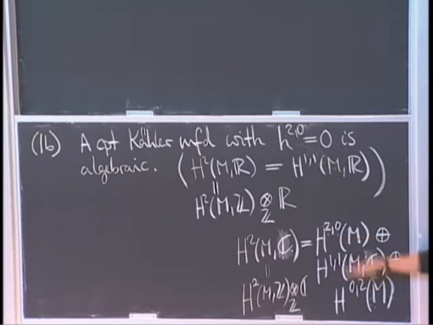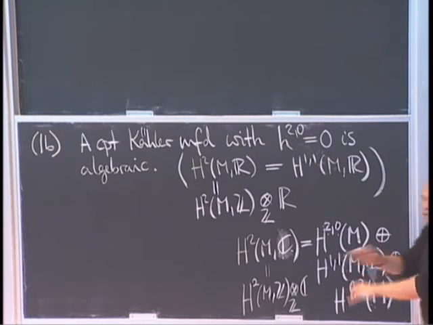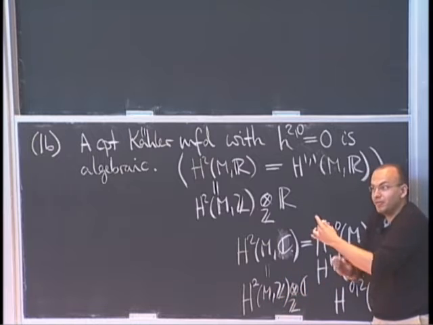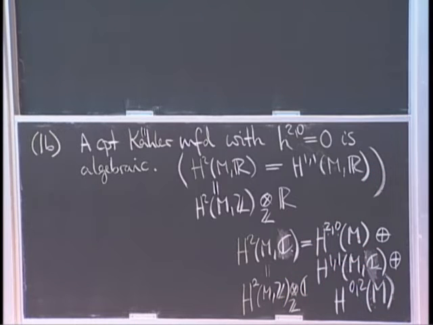Otherwise, there are these other pieces, and somehow the H11 part might be skewed with respect to the integral lattice and not meet the integral lattice at all. Yeah?